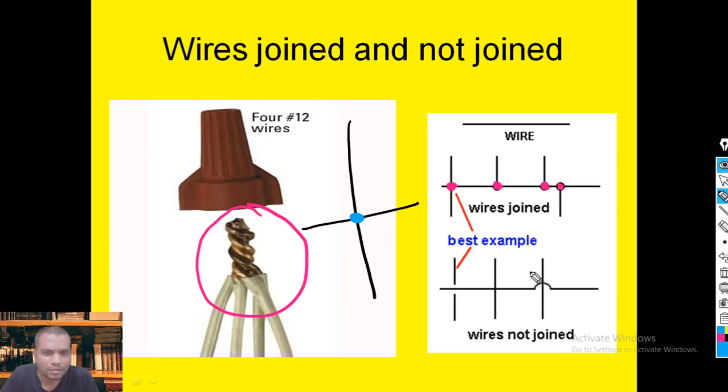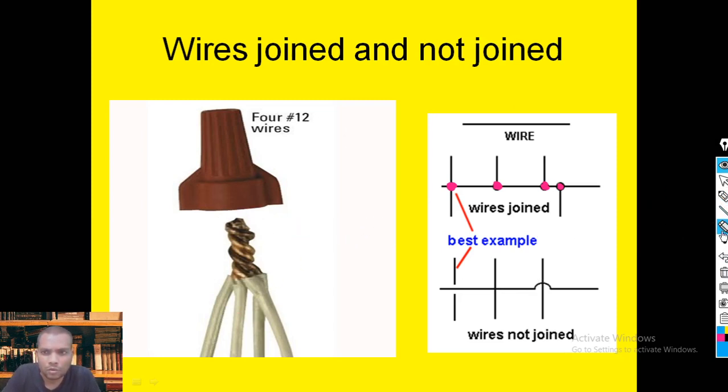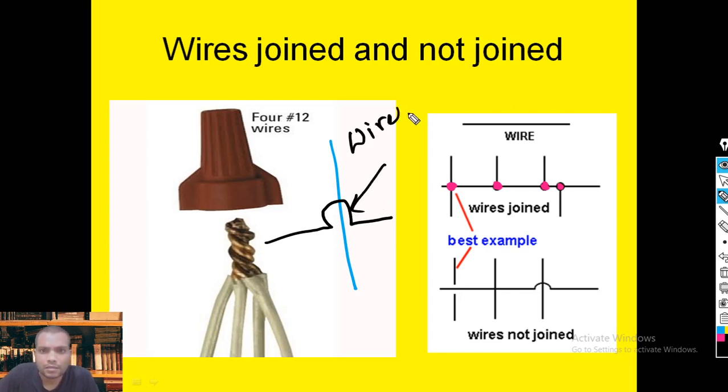But they do not join, and in the circuit diagrams we need to represent that. If they do not join, we should draw very carefully. For the one wire which is coming up, the wire going in the parallel line, we can make a bump there. So this represents that the two wires are not joined. Here, the wires are not joined.